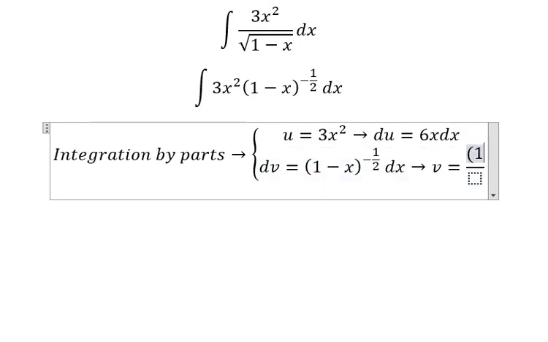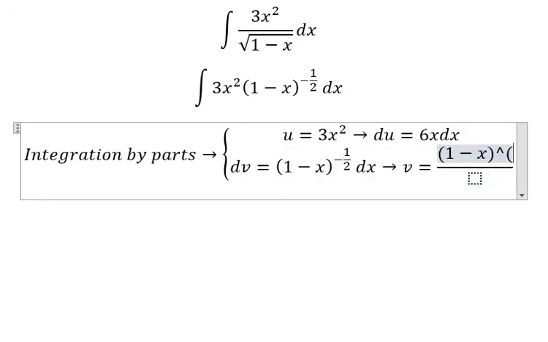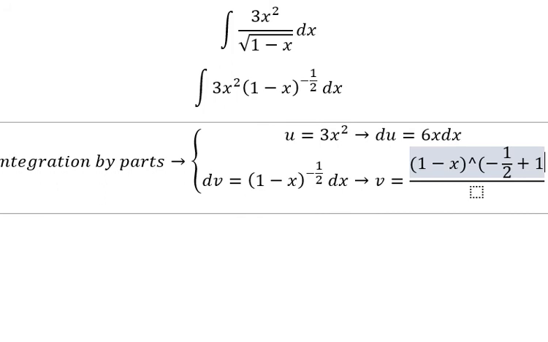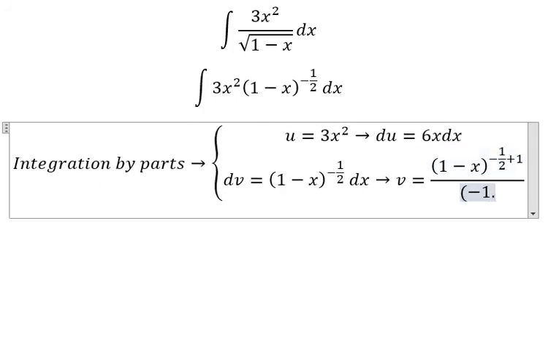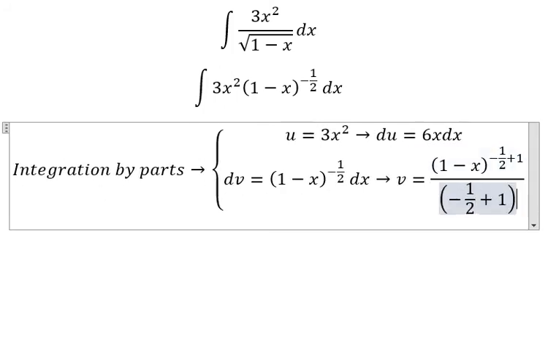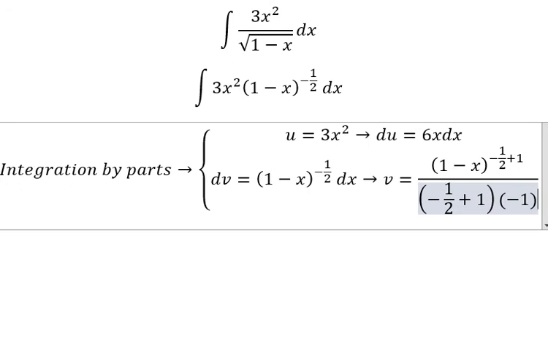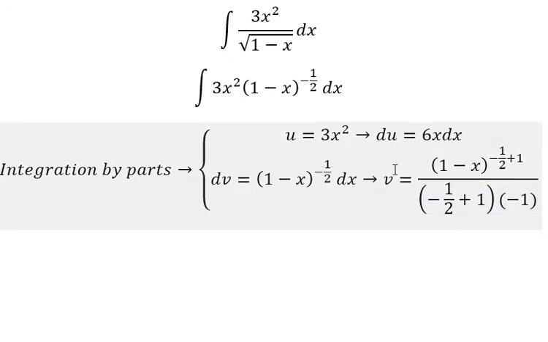1 minus s to the power of negative 1 over 2 plus 1, and we have negative 1 over 2 plus 1. Because the negative next to s is negative 1, we put the coefficient of s in here. And now we need to simplify this one.